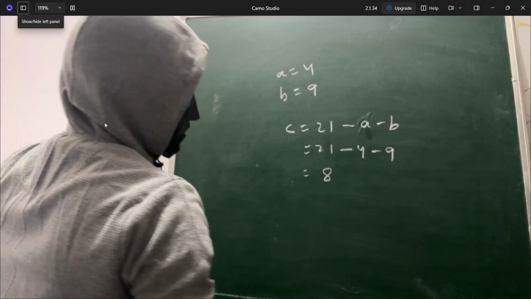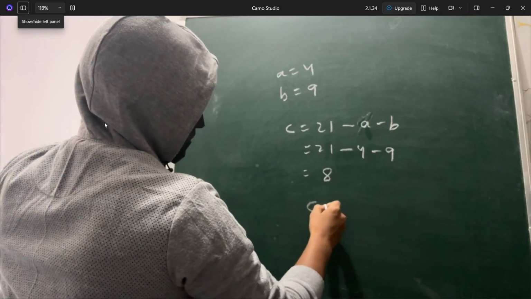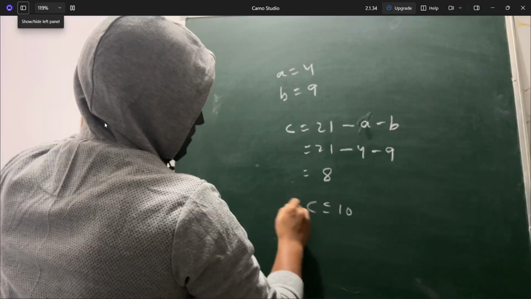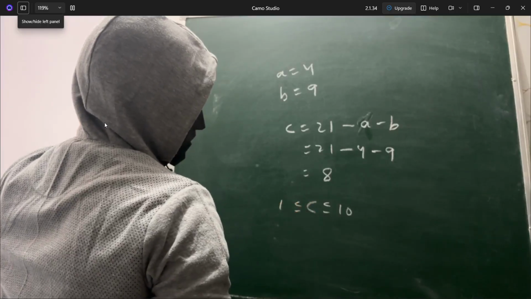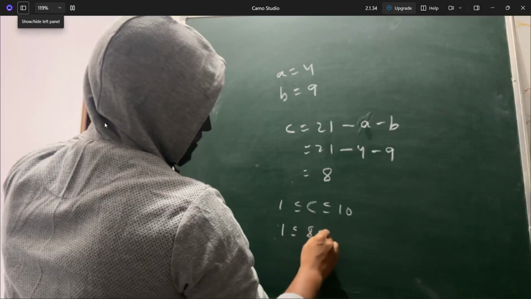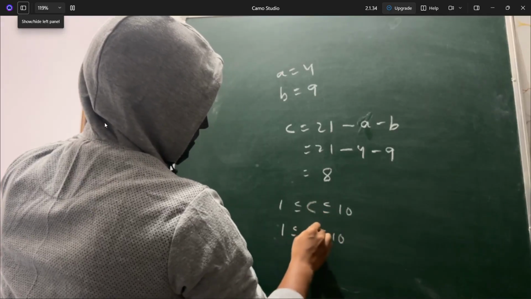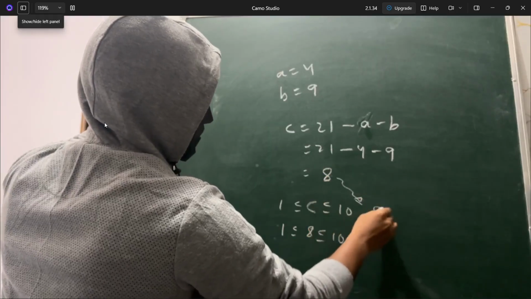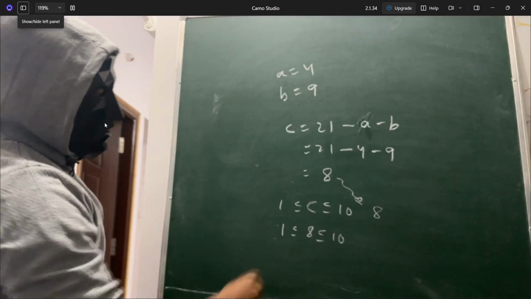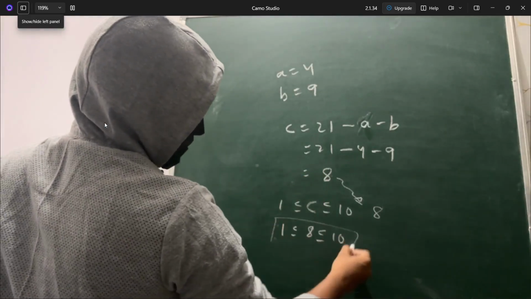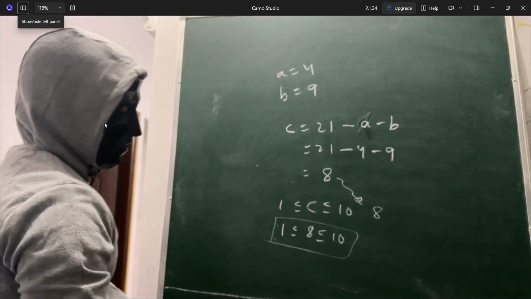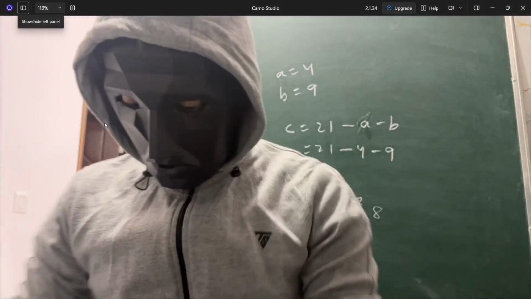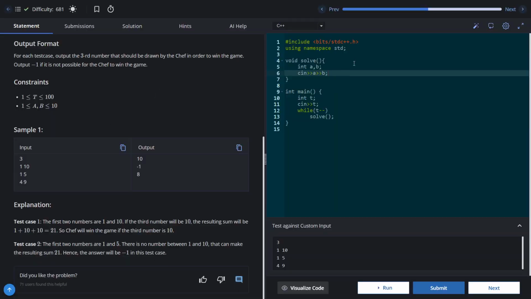So C here now lies in the range greater than or equal to 1, less than or equal to 10. This is correct, C equals 8. So when it is possible, you will have to output this value 8. Whenever C value is in the range 1 to 10, you will have to display that, or else you will have to display -1. So it is easy only.